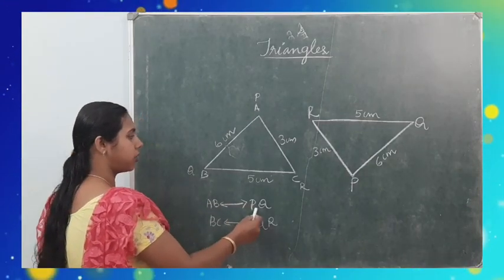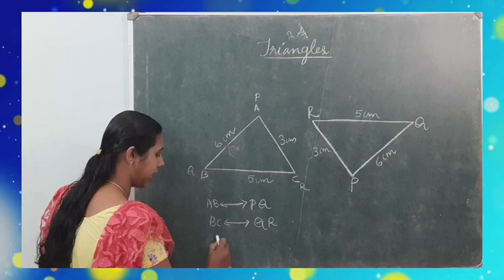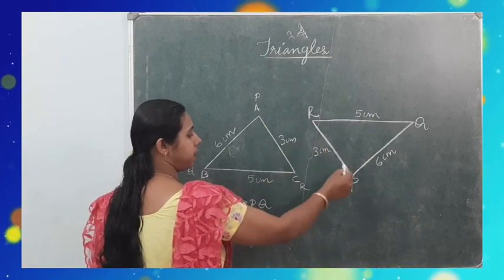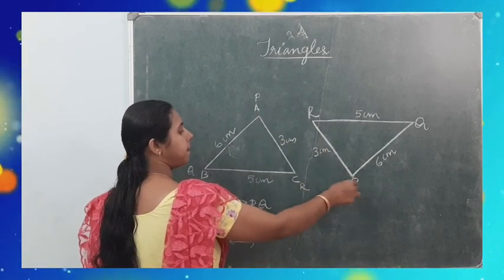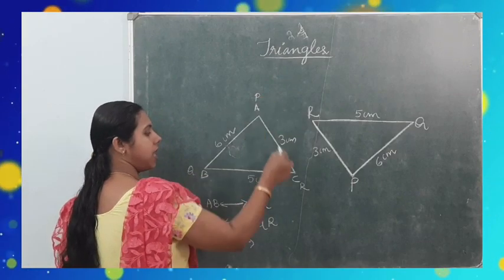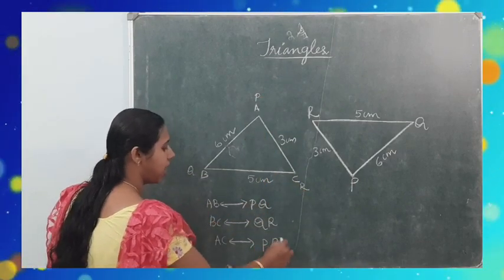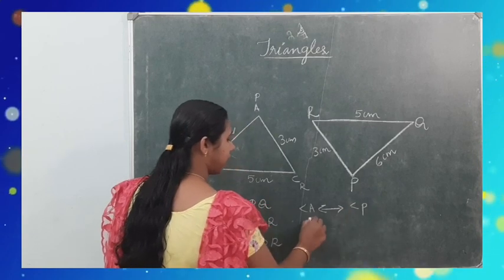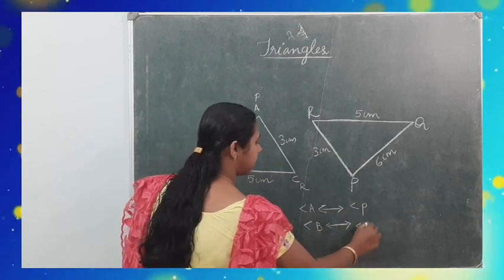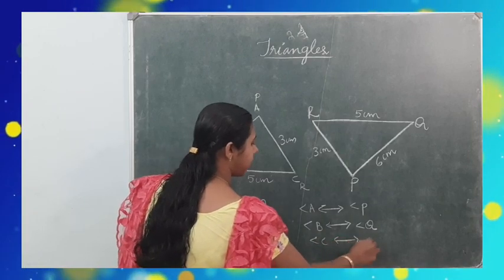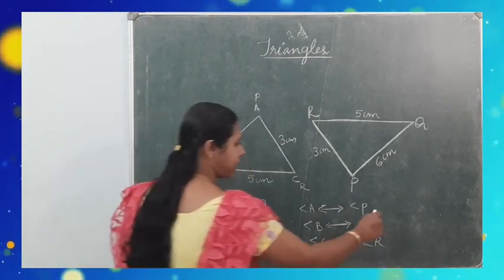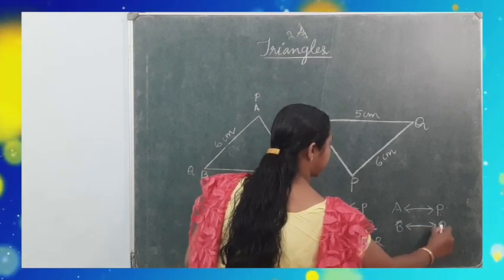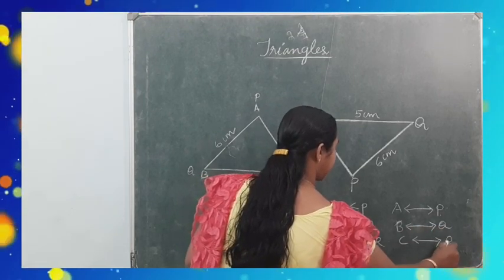So AB corresponds to PQ, BC corresponds to QR, and AC corresponds to PR, because A corresponds to P and C corresponds to R. So angle A corresponds to angle P, angle B corresponds to angle Q, angle C corresponds to angle R. In the same way, vertex A corresponds to vertex P, vertex B to vertex Q, vertex C to vertex R.